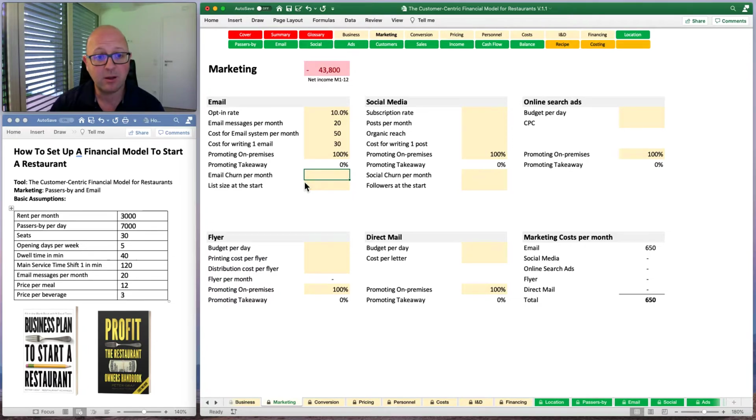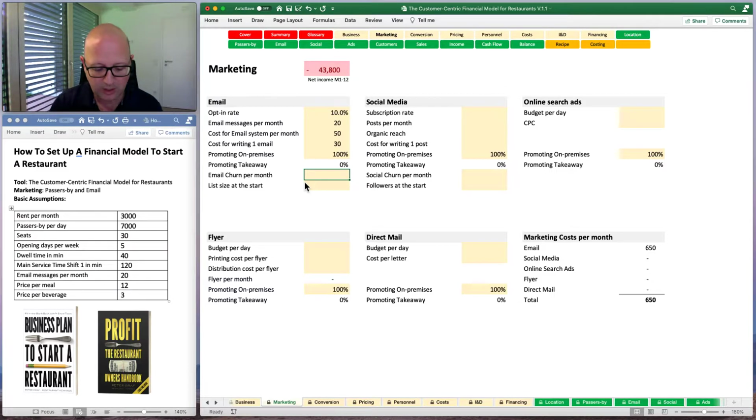Then email churn per month is the point. The question is, how many customers from your email list are you losing per month? Because not everybody will come back to your restaurant, for whatever reason. He's moving away, or he prefers some other restaurant, or whatever. You should not only calculate to build up your list, but also to lose some of your customers.